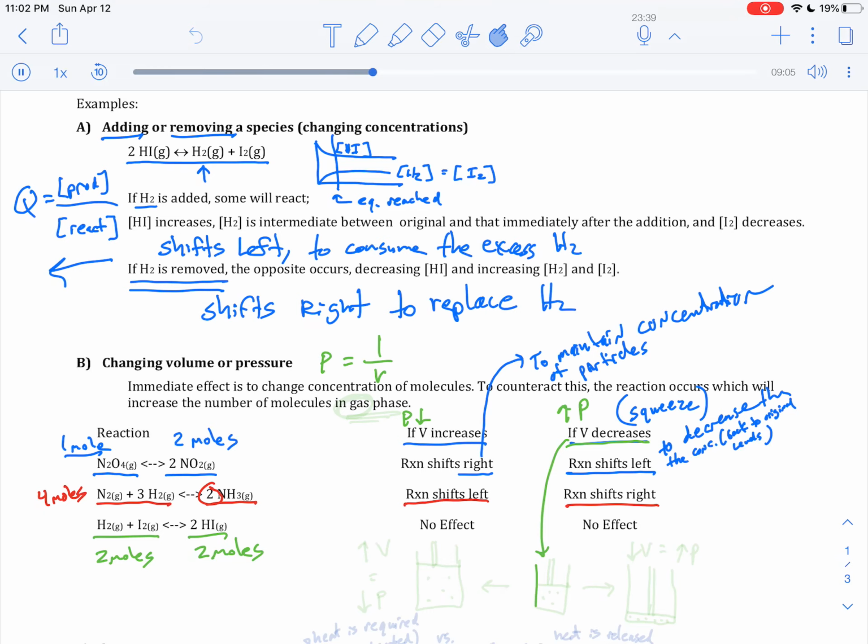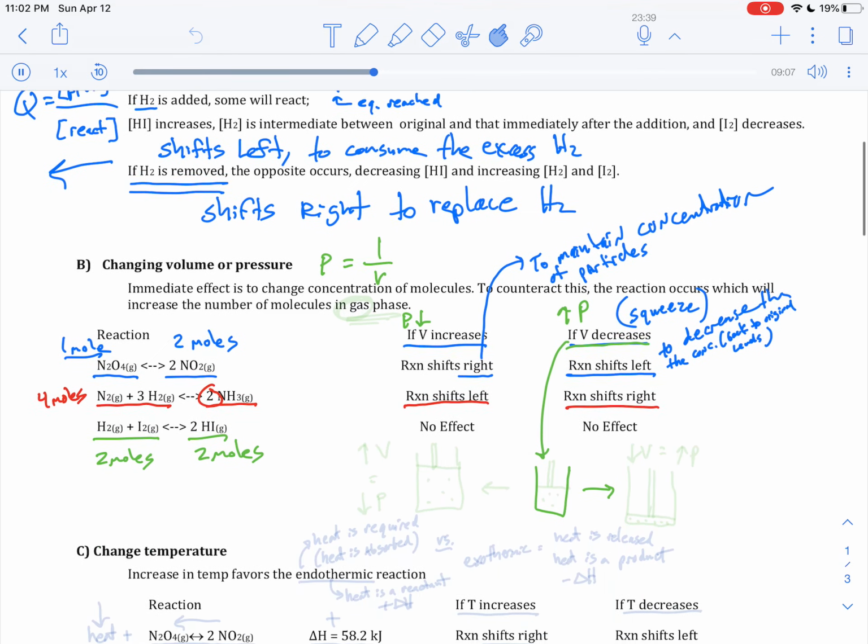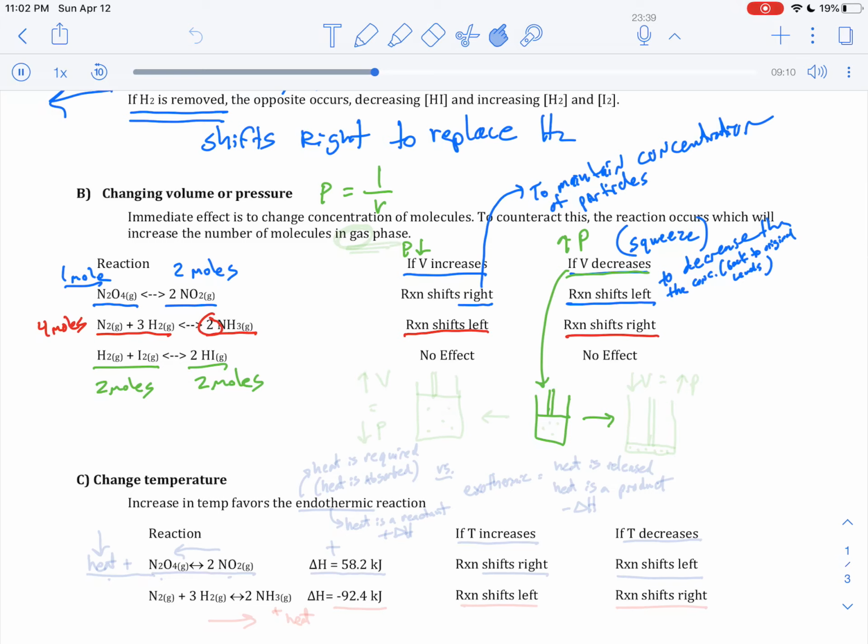So consider a piston system. If we've decreased the volume, that's going to equal a higher pressure for all the particles of gas in this space. Conversely, if we increase the volume, that's going to decrease the pressure.